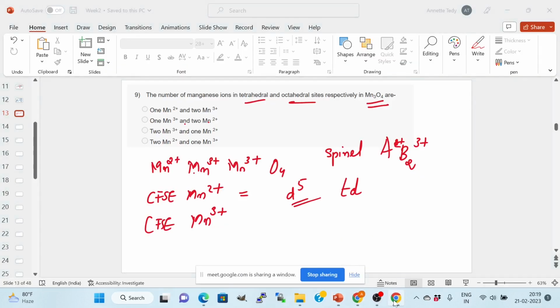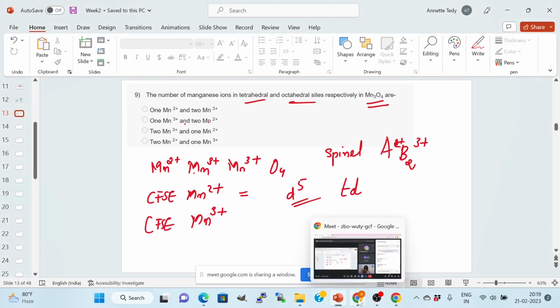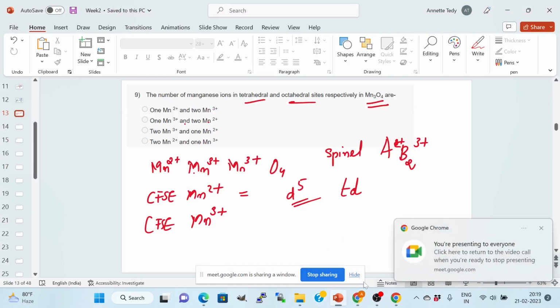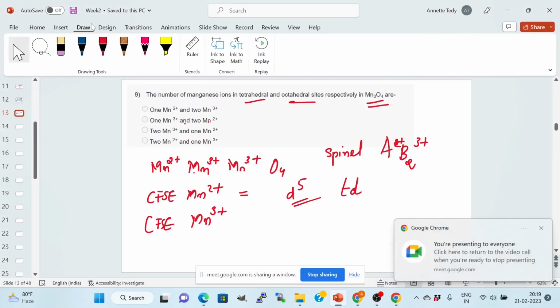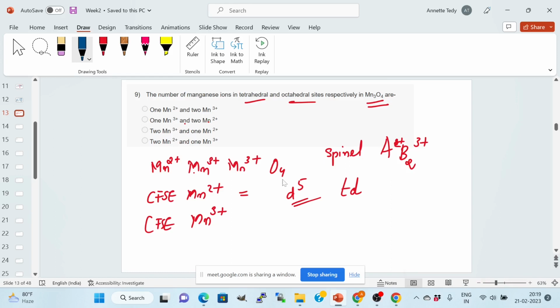As you said, the CFSE of Mn2+ is 0. Let me discuss how. Mn2+, as I said, is d5, and oxygen we are considering as a weak field ligand, so there is no pairing up.